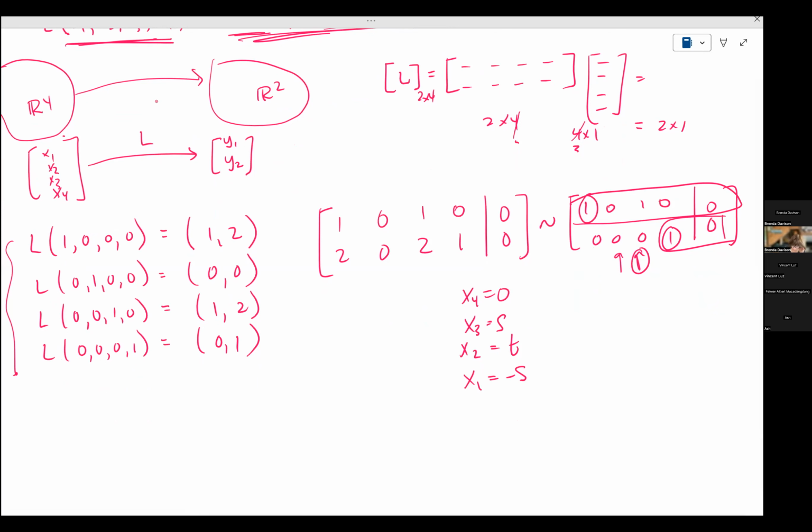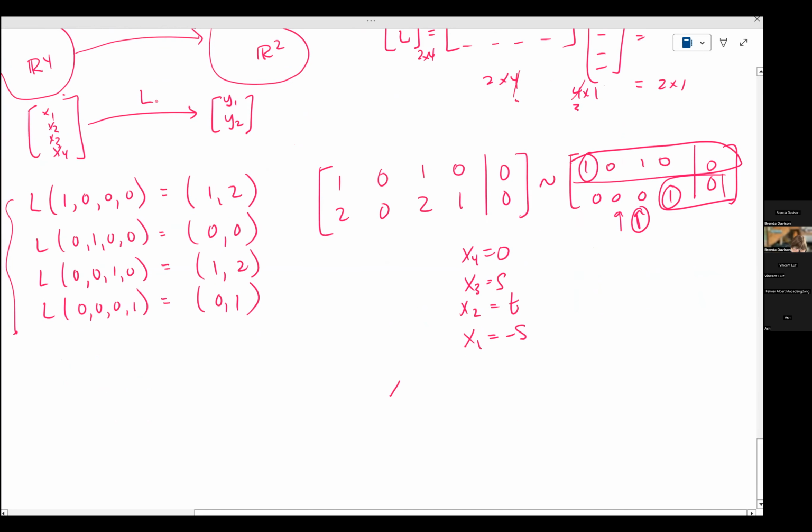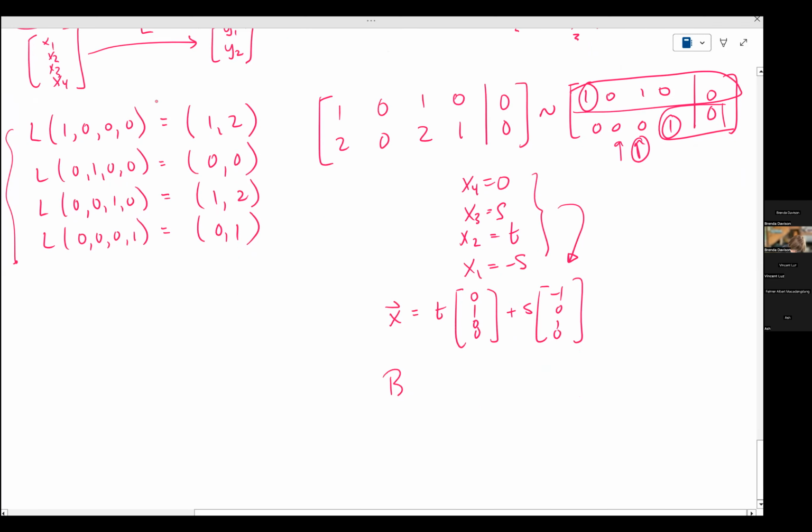Then I can write what the vectors look like: X is equal to T times (0, 1, 0, 0) plus S times (-1, 0, 1, 0). That captures this information here. And I immediately see that the dimension of the null space is 2. So the basis is just those 2 vectors, (0, 1, 0, 0) and (-1, 0, 1, 0). There's the basis for the null space.